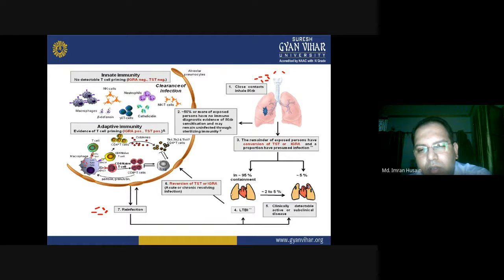The remainder of exposed persons have conversion of TST or IGRA, and a proportion have presumed infection. So, less than 50% of exposed persons have no immunodiagnostic evidence of Mycobacterium tuberculosis, and are close contacts who inhale the individual's Mycobacterium tuberculosis.